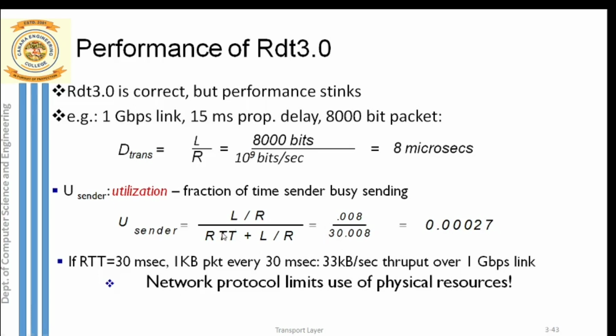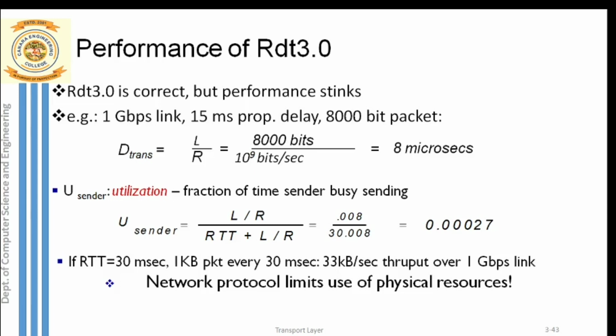How much is that? Round trip time 30 milliseconds, added to the time taken by the sender to transmit the packet, 0.008 milliseconds. So that is 30.008.